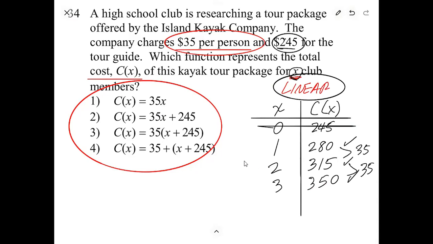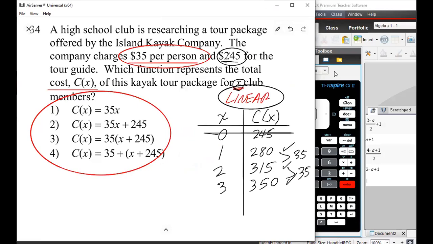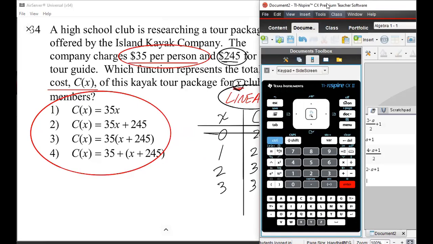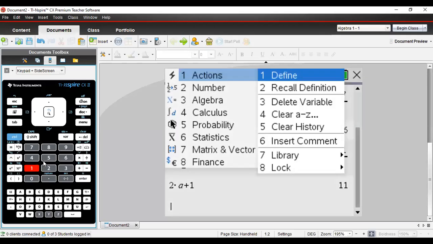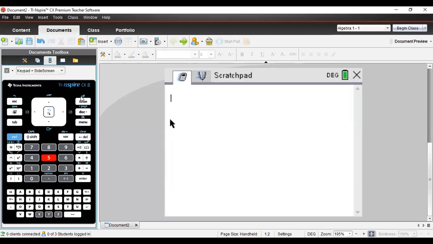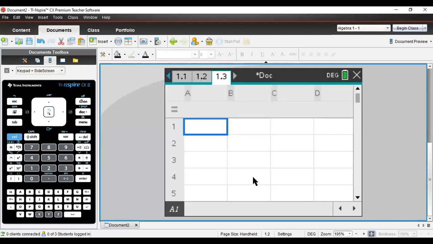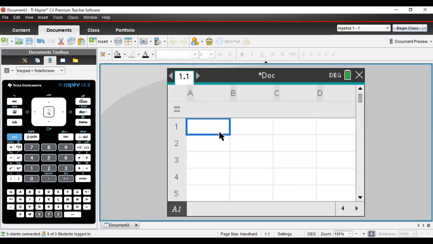So let's go. I'm going to go get my calculator. It's right here. We're going to clear all of this stuff. We're going to go menu 15, get rid of all of this, and go over here to the spreadsheet. I'm not sure what this stuff is, but I'm getting rid of it. We're going to start here.